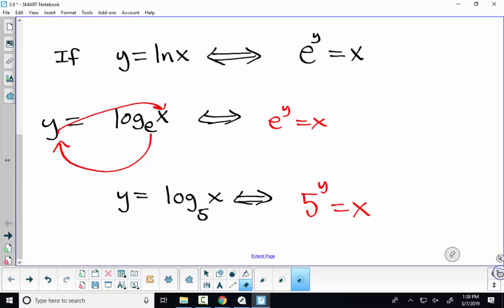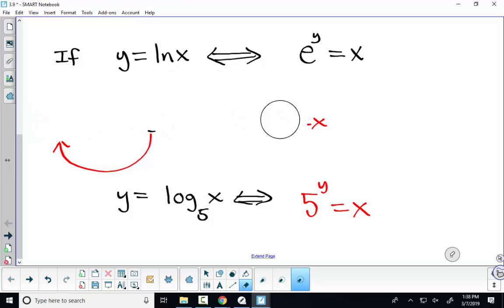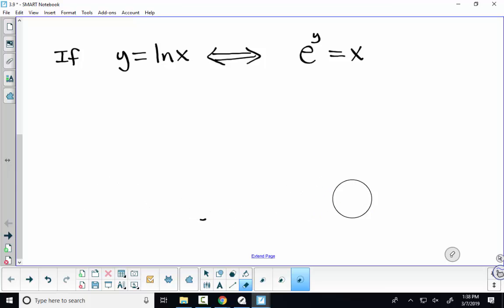The chain rule. Yeah, chain rule is used here, particularly the process of taking the derivative of e to the y equals x. What are we using? Give you a hint, we just did it. Yeah, implicit differentiation.